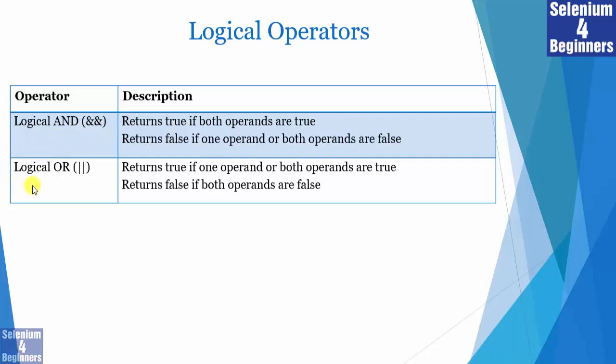Logical OR has two vertical lines that return true if one operand or both operands are true. It also returns false if both operands are false. Let's go back to Eclipse and demo logical operators.